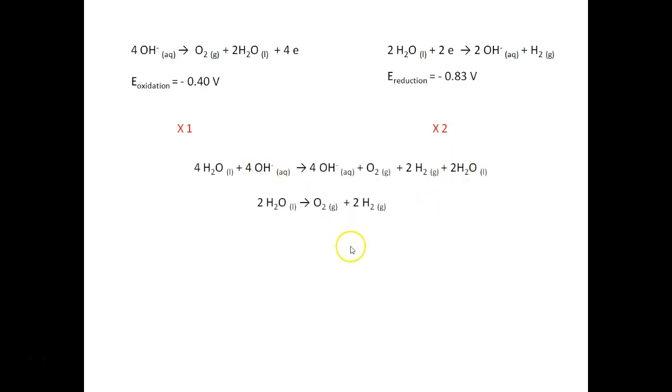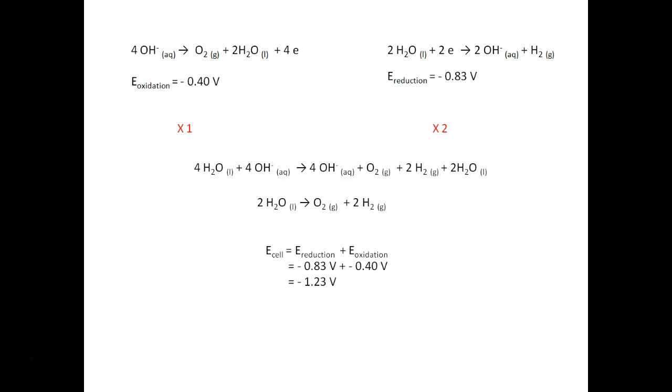Now that I know my oxidation half reaction and my reduction half reaction, I can first get my overall reaction and my cell potential, since I need that, and then I'll go on to label the diagram. Now, I have to make sure that my electrons lost equal my electrons gained, so I'll multiply my first equation by 1, my second equation by 2, combine them, and then I have water and hydroxide on both sides, so I'll reduce, and I get this overall reaction.